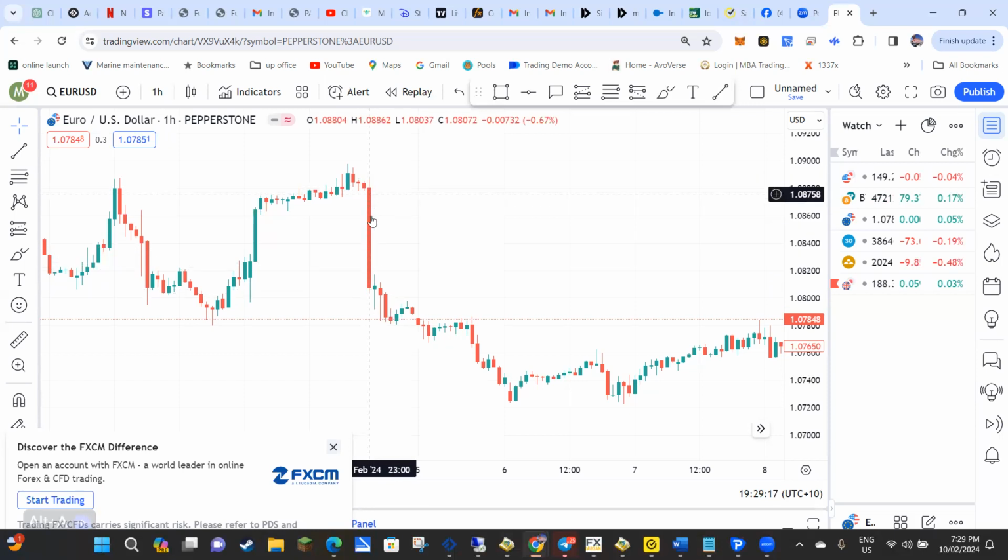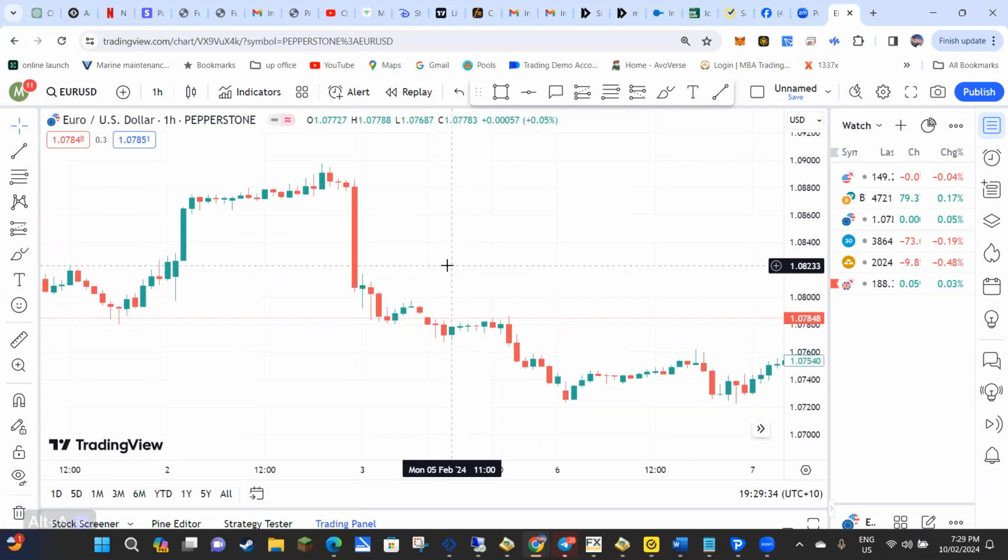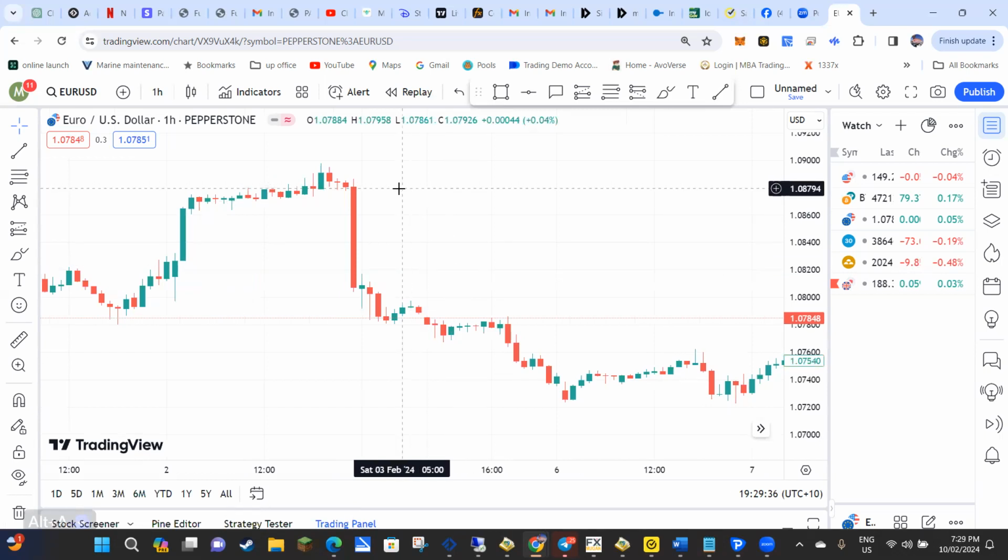The main thick red part is what they call the main body of the candle, and the little thin fine pieces at the top and at the bottom, they're called the wicks. And as I said, we'll have a lesson on candles, but right at the top of the body of this candle is when this hour started.